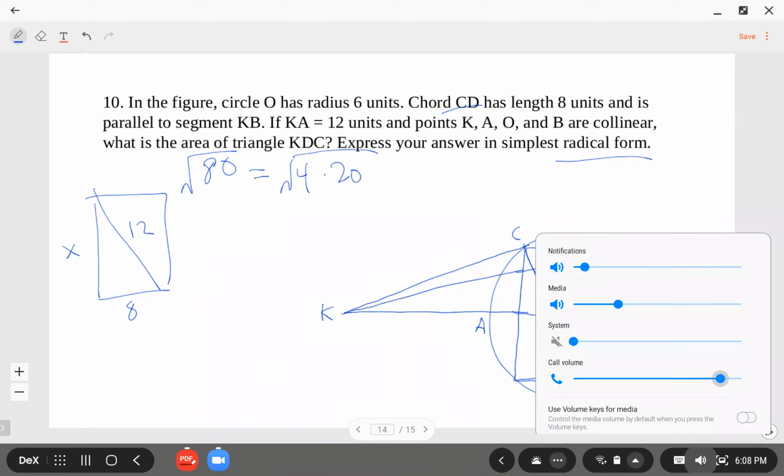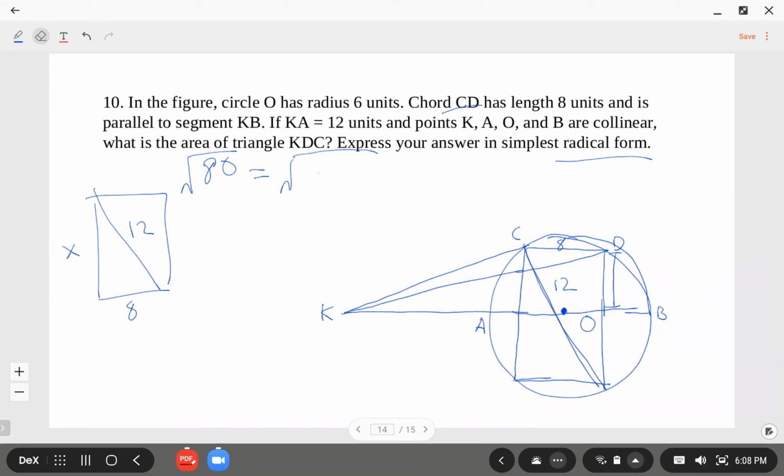Okay, let's actually do 16 times 5. We can simplify: 4 times the square root of 5. And we have to halve that, right? That's going to be 2 times the square root of 5.